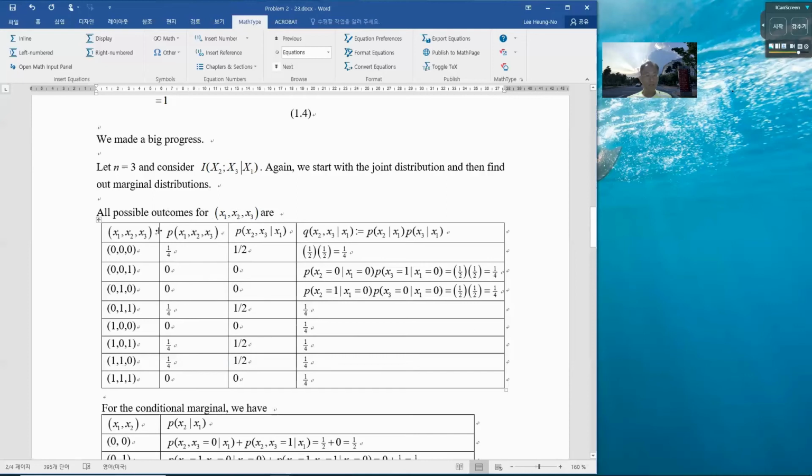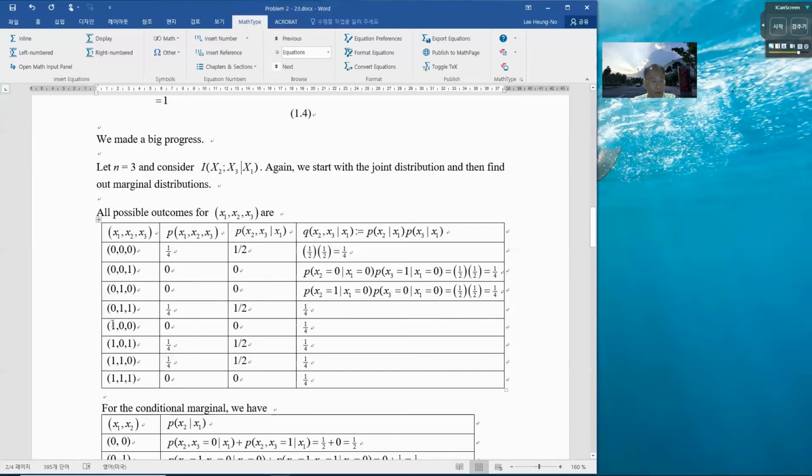Now given this, we can find out the conditional joint distribution between x2 and x3, given x1. So x1 is given in this case to be 0, and in such a case 0, 0 is half, 1, 1 is half, and the other cases have a probability assignment of zeros.